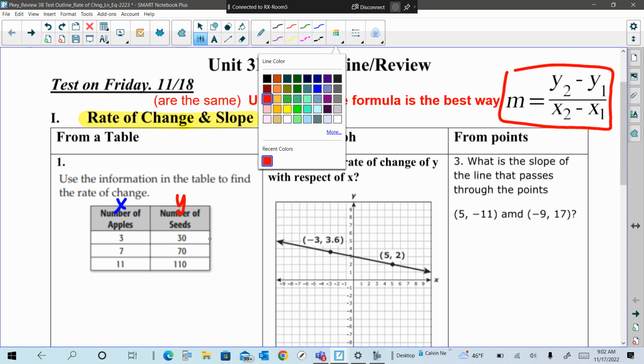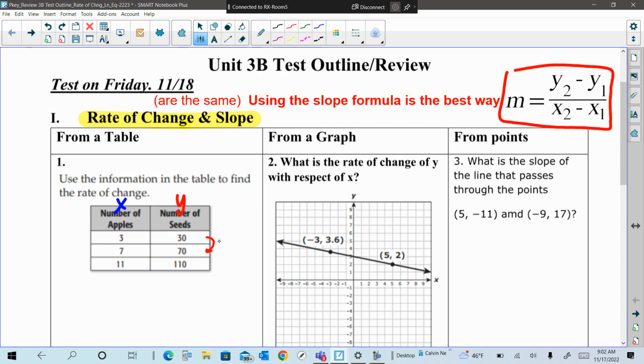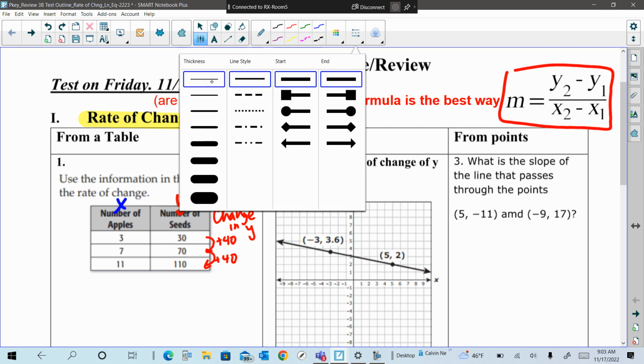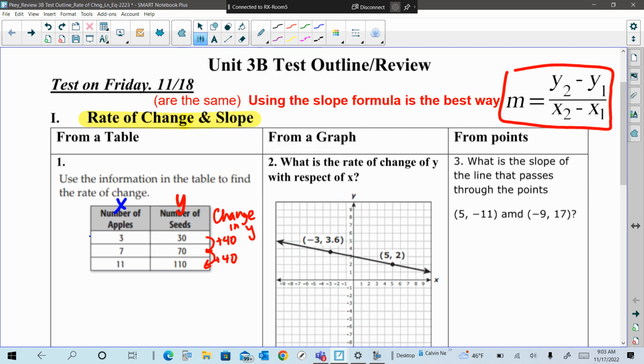If I look on this table, it's going from 30 to 70, plus 40, plus 40. You see how this is our change in Y, and it's the same. Get this written down and stay focused. I'm always doing the Y compared to the X. So 3 to 7 is plus 4, plus 4.